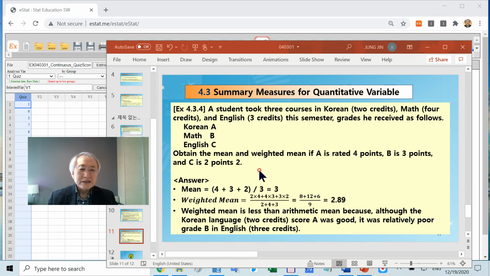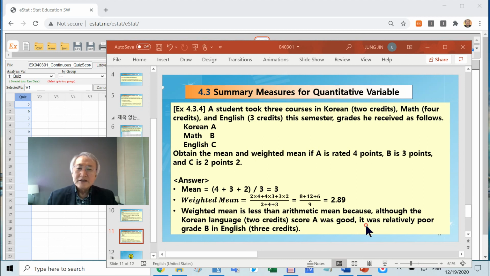Therefore, this student's GPA is 2.89. Well, the reason we are doing this is that every course has a different credit hour because of importance or how many hours per week, so we are giving weight.